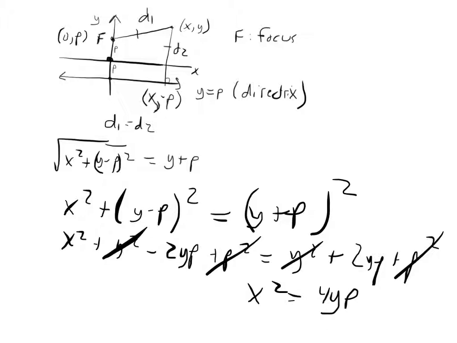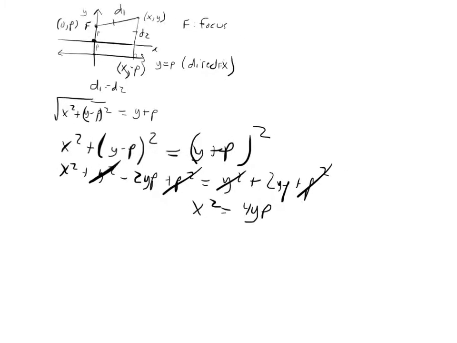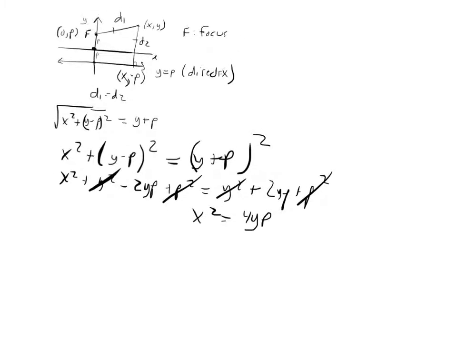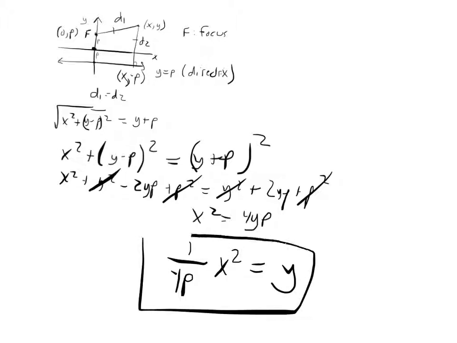I then can go ahead and solve that for y, and I get 1 over 4p x squared equals y. And that again is going to be a general formula for a parabola that's set up such that you have your focus at (0, p) and your directrix at y equals negative p, where p is a positive number.